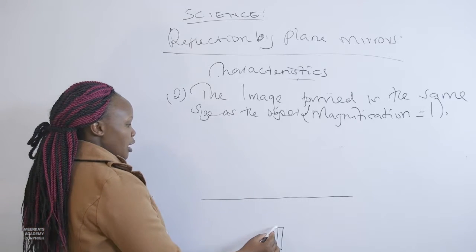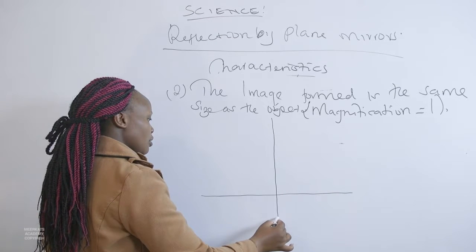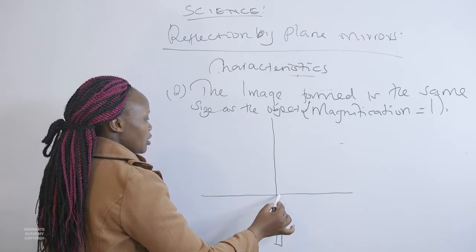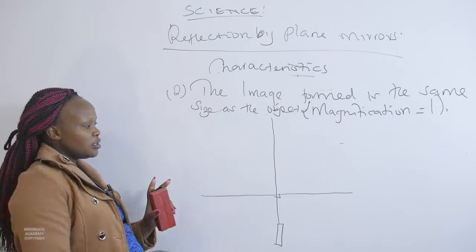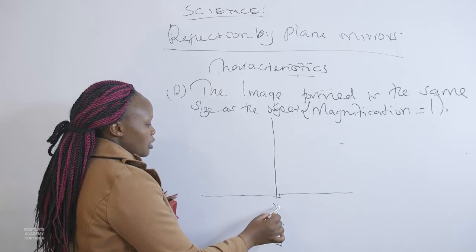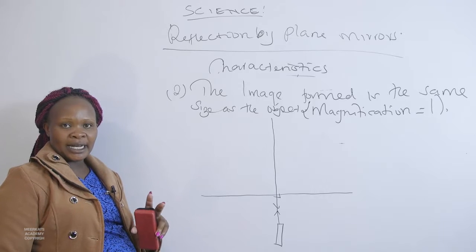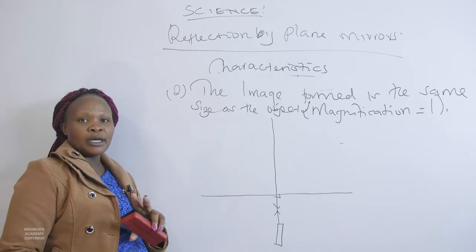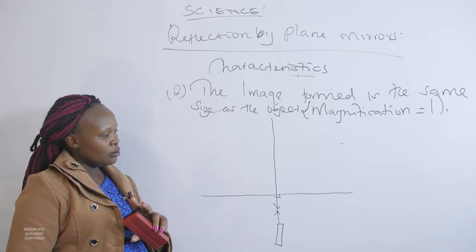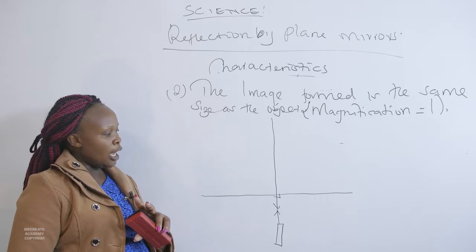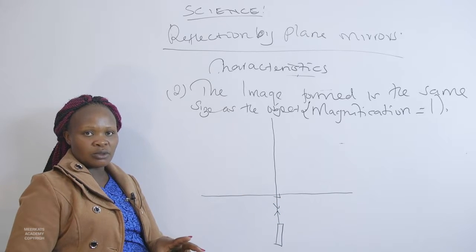Now, again, we use our first ray, which is perpendicular at the point of incidence. We say that this one passes on and goes back undeviated. Remember, we still have some laws to obey with regard to reflection, and one of them is that the angles have to be equal.